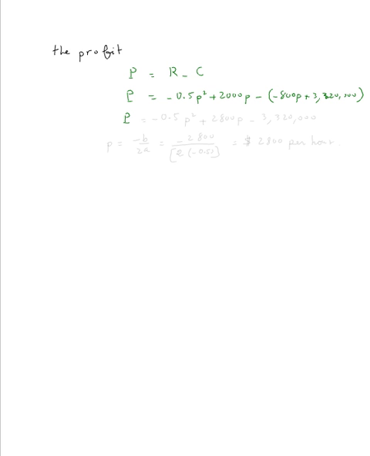Now if we distribute, we're supposed to get negative 0.5P squared plus 2,800P minus 320,000.